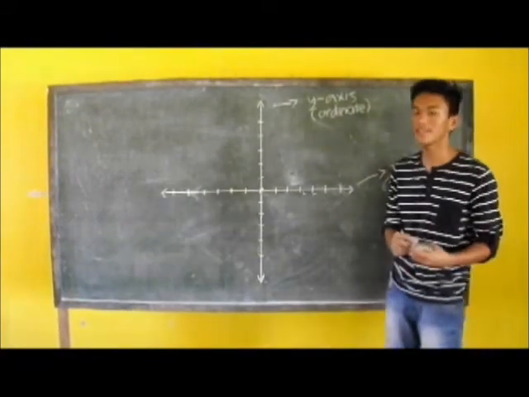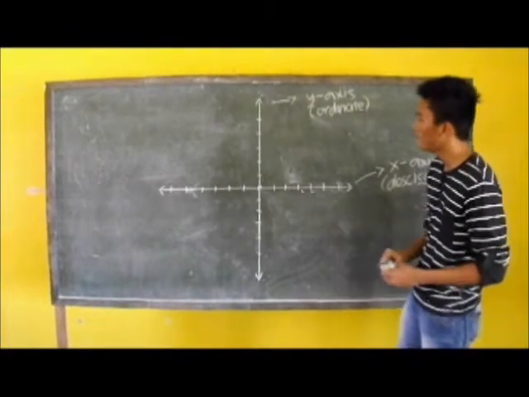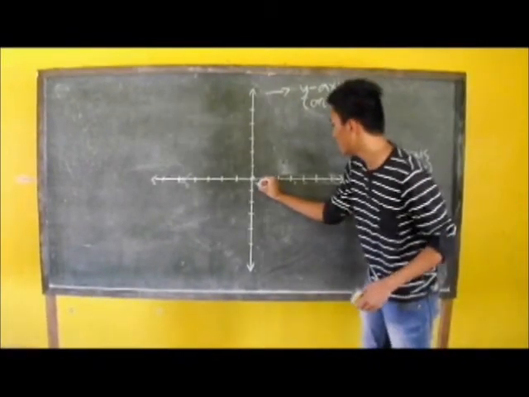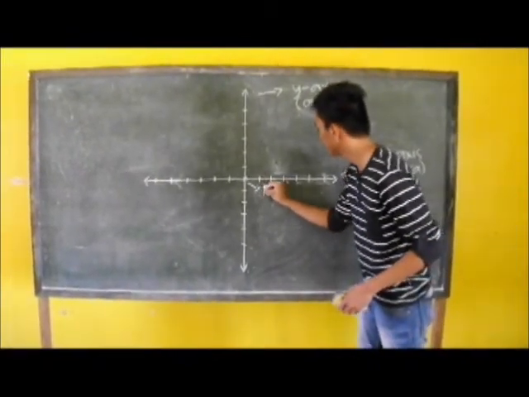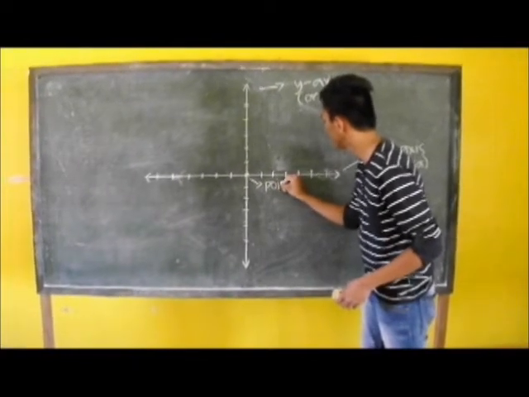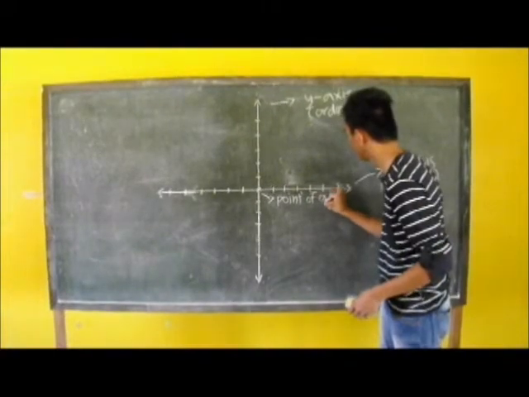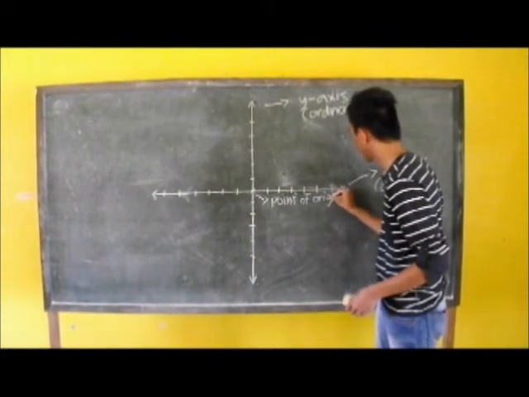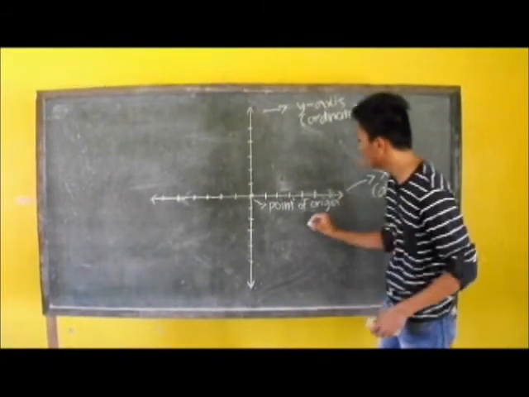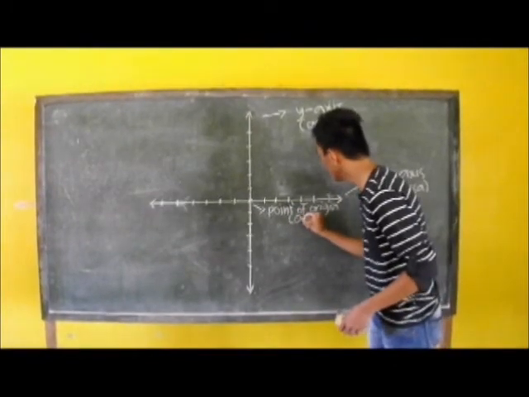The point of intersection of these two axes is what we call the point of origin. And the coordinates of the point of origin is 0, 0.